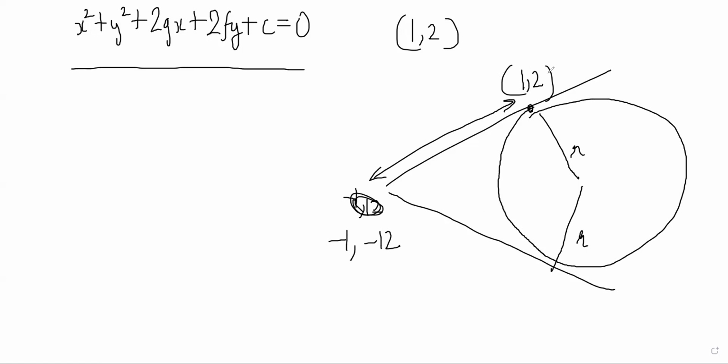We know the root s1 value, and the required area is root s1 into r. This distance is clearly 4 plus 14 square, so root 200.